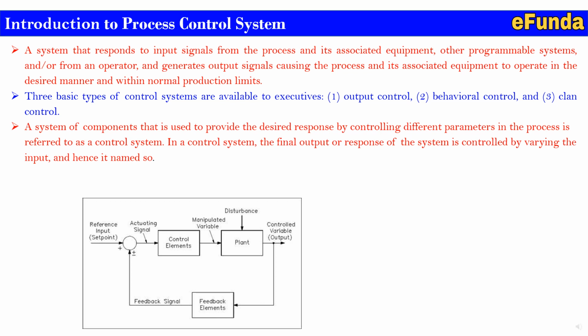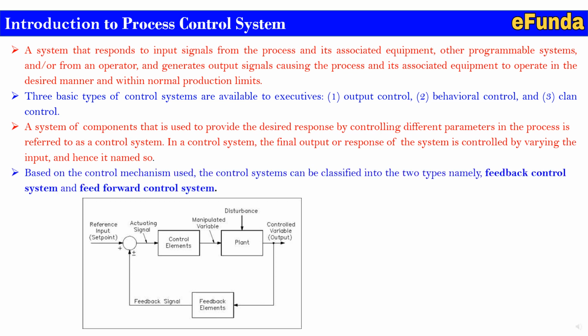And in a control system, the final output or response of the system is controlled by varying the input and hence it is named so. Based on the control mechanism used, the control system can be classified into two types, namely feedback control system and feed forward control system.